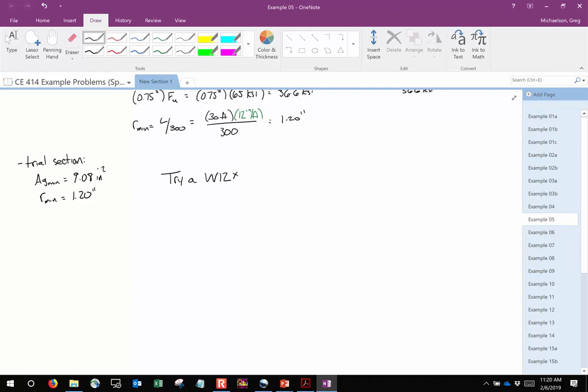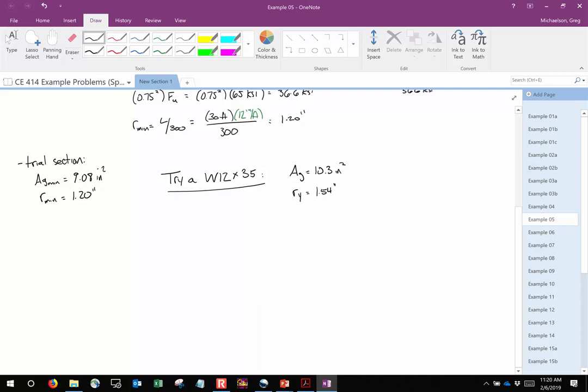Anybody got a shape for me? A W12x35. Okay? Now, first off, let's list some properties. What is the Ag for a W12x35? 10.3. And what is the ry? 1.54.